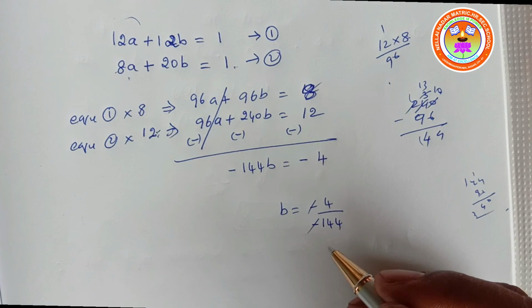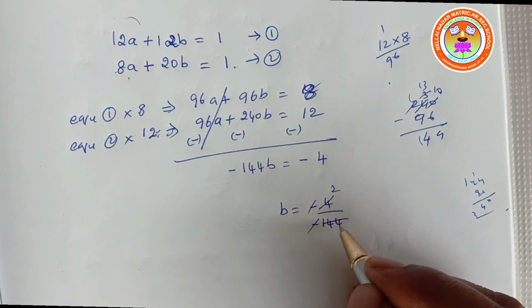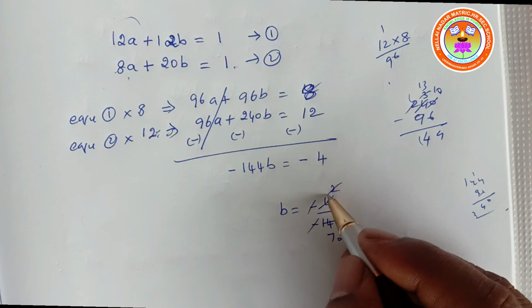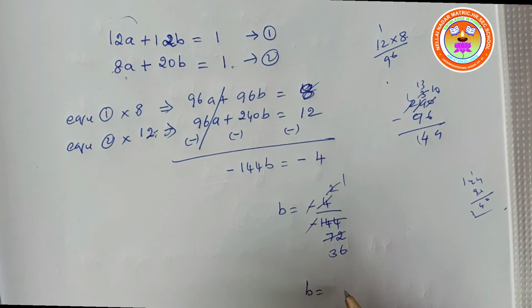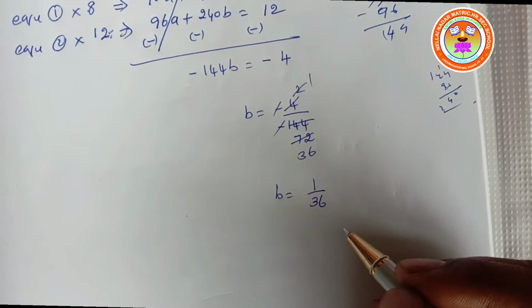Minus minus cancel. 2 times 2 7s are 14, again 2 2s are 4, 2 1s are 2, 2 3s are 6, 2 6s are 12. b is equal to 1 by 36.